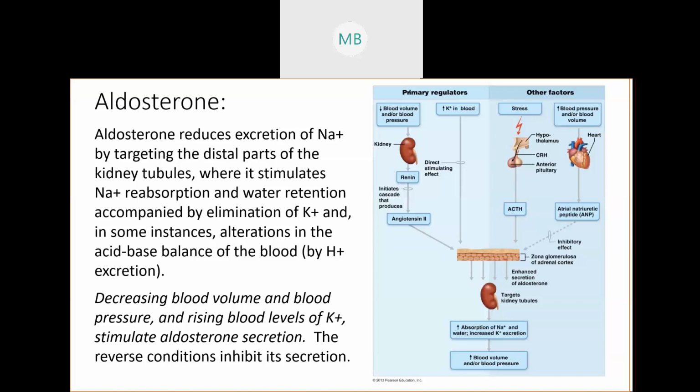Your heart itself will begin making a little bitty hormone called atrial natriuretic peptide. Atrial, because of the atrium of the heart. We'll get to that in a different video if you don't know your heart anatomy yet.